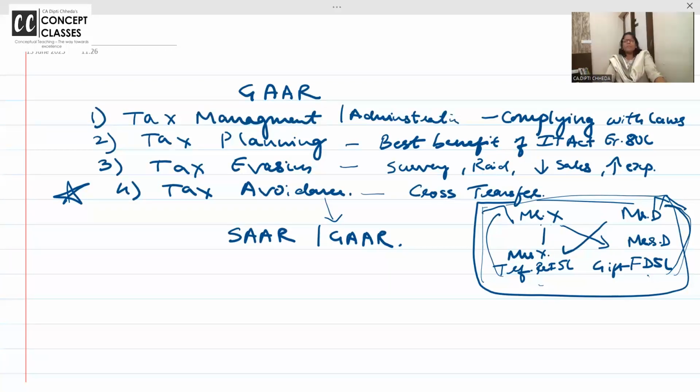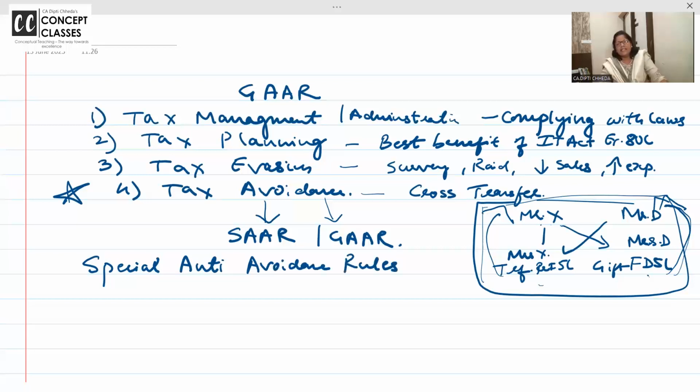So like this, people are trying to bend the law and trying to take the benefit of the loophole in their own way. To avoid this, first they started with SAR. SAR is what? Special anti-avoidance rules.